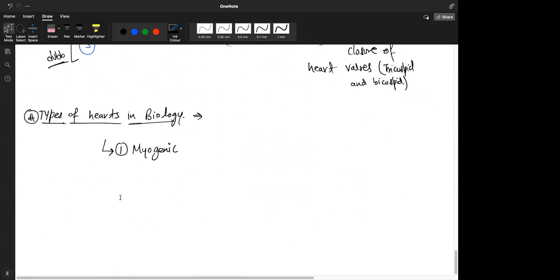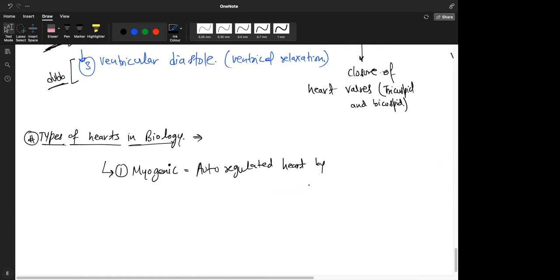Genic means origin, which controls. So a myogenic heart is auto-regulated by specialized muscles called nodes, the SA node and AV node.